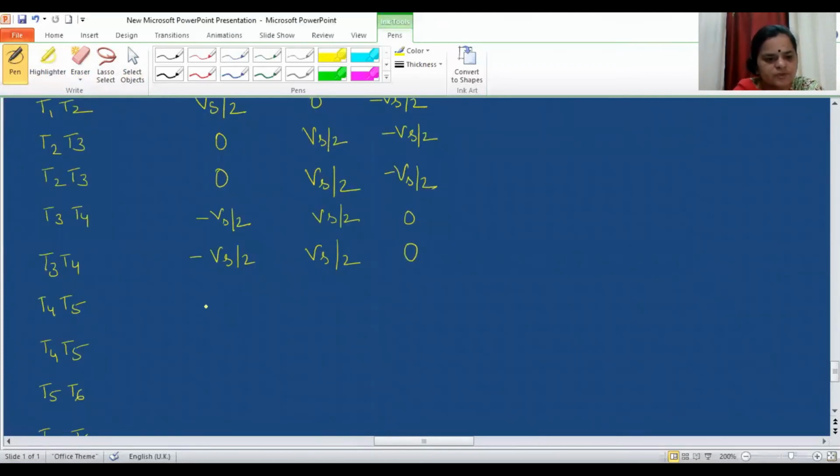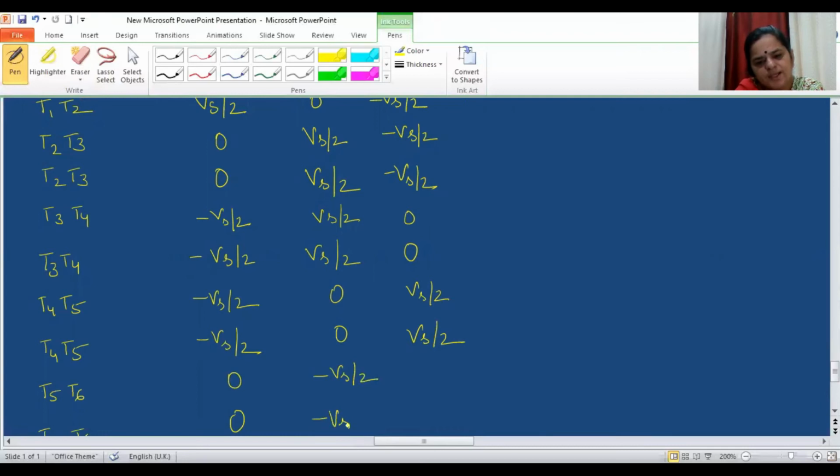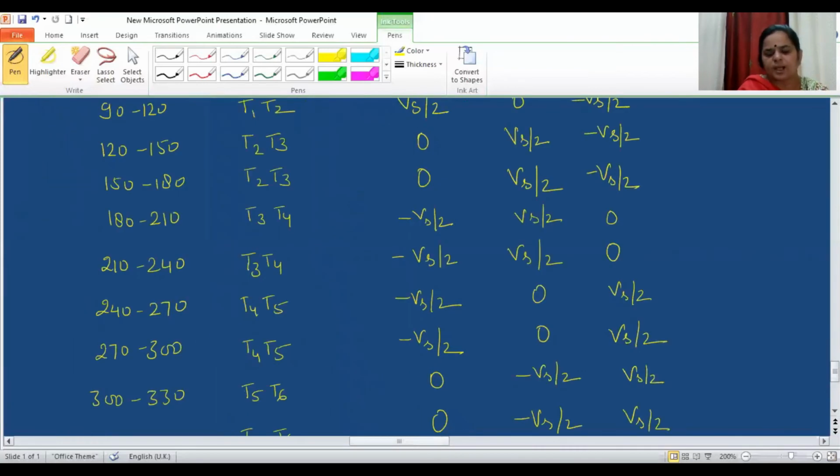Now again, this will be minus Vs by 2, this will be 0, 0, this will be Vs by 2, then 0, 0, this will be minus Vs by 2, this will be Vs by 2 and Vs by 2. So this will be your table, the conducting SCRs table.